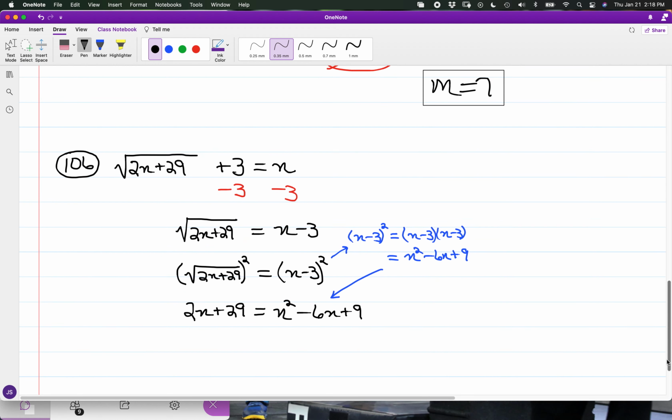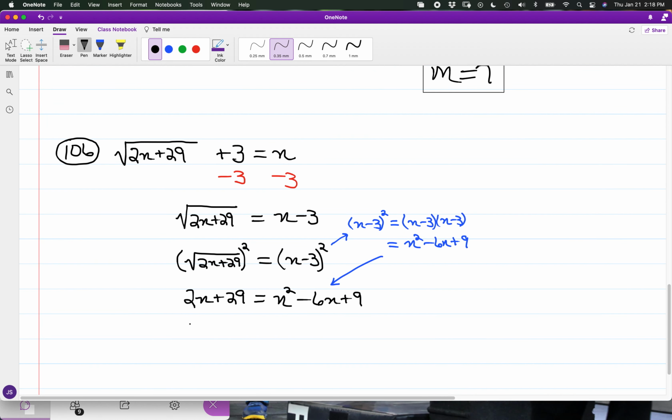Just putting what we have in standard form, we're going to deduct both 2n and 29 so as to set the equation to 0.